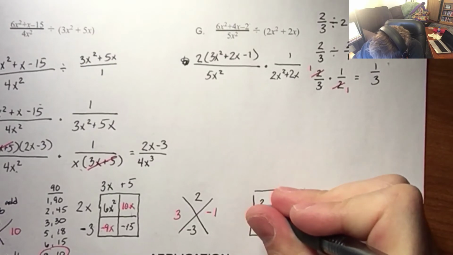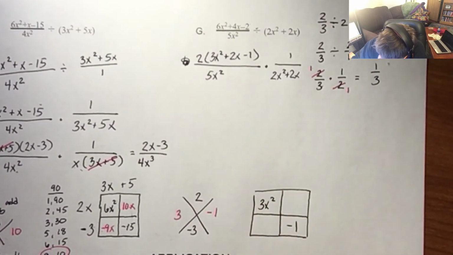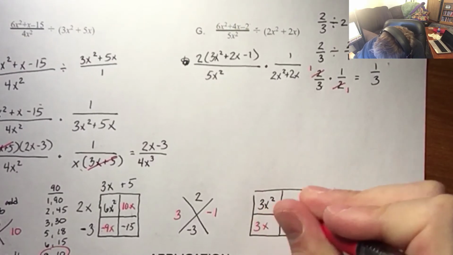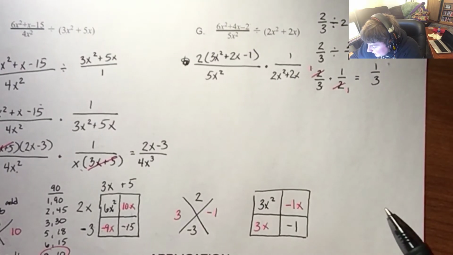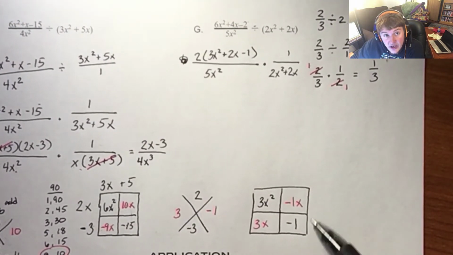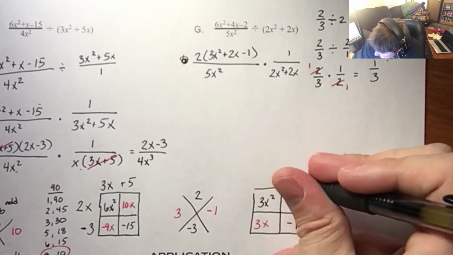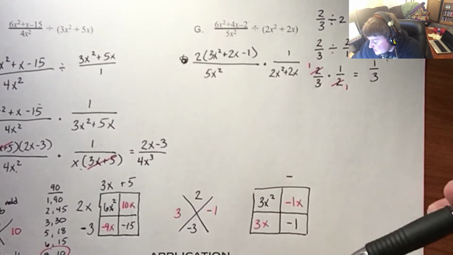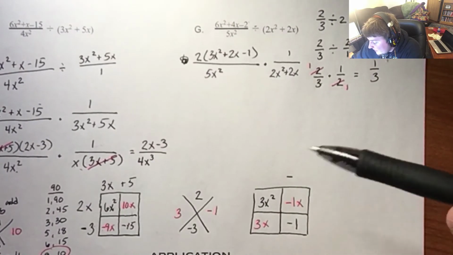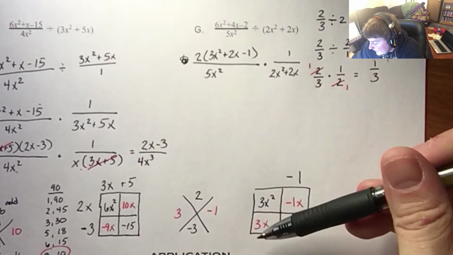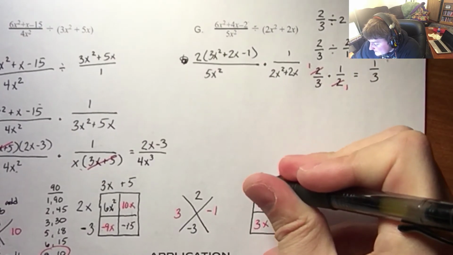Okay, so 3x squared goes here, negative 1 goes here, and then I'm going to go 3x here, and negative 1x here. I'm going to take negatives out where I see 2 negatives in a row or diagonal x's, and I have 2 negatives in a row, so I'm going to take a negative out here. And let's just start taking greatest common factors out. What's the largest value that divides out of 1 and 1? Which is just 1. What about 3x and 3x squared? So 3 and 3, largest number that divides out of that is 3.